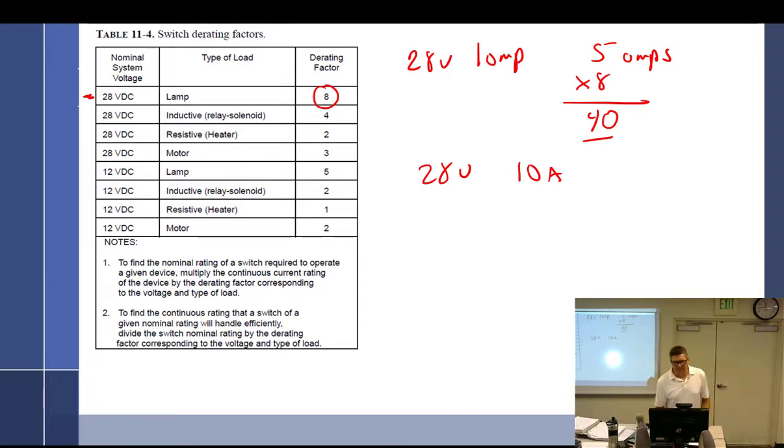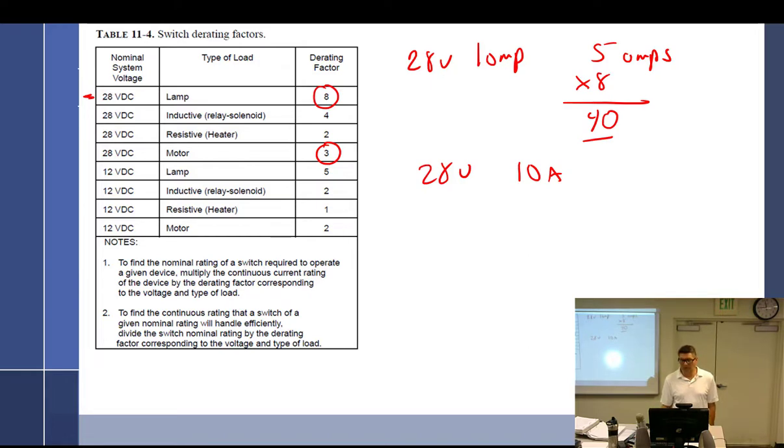All right. You said a 10. What's my derating factor? 3. Okay, so the derating factor is 3. So we're just going to run it backwards, instead of multiplying by 3. So the question again: what is the largest motor a 28 volt 10 amp switch can handle?